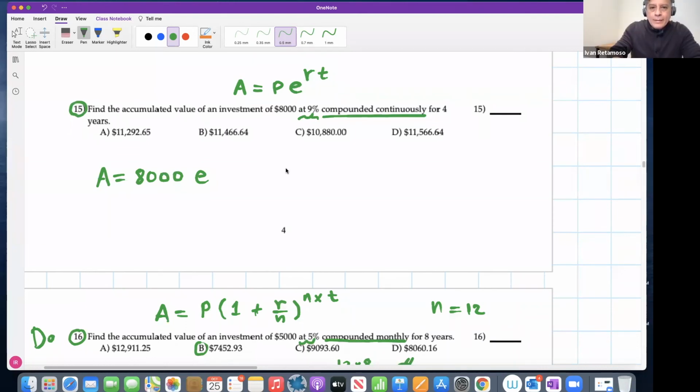Excellent. Yeah, excellent, Gabriela, too. 0.09. Be careful there, guys, because if not, it's not going to work. It's going to give you some other number. Excellent. And T is just 4, right? 4, yeah. Let's get this done.